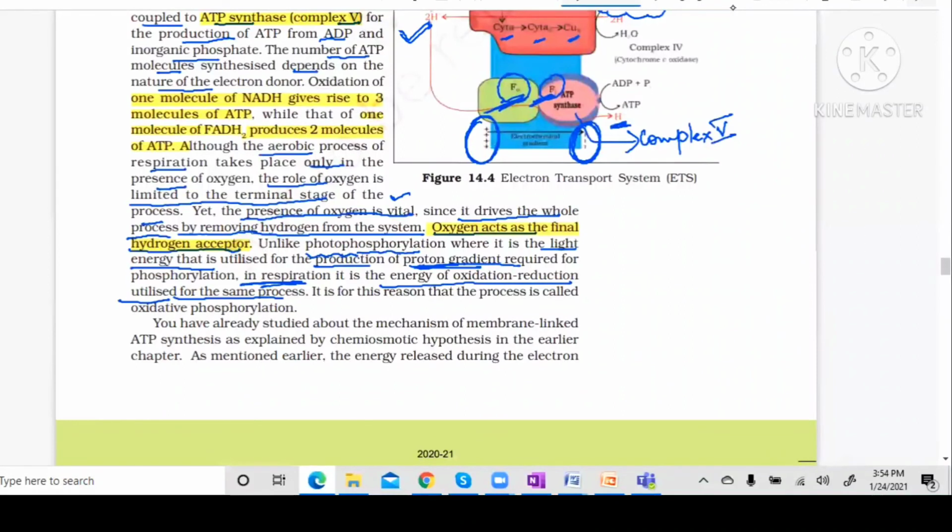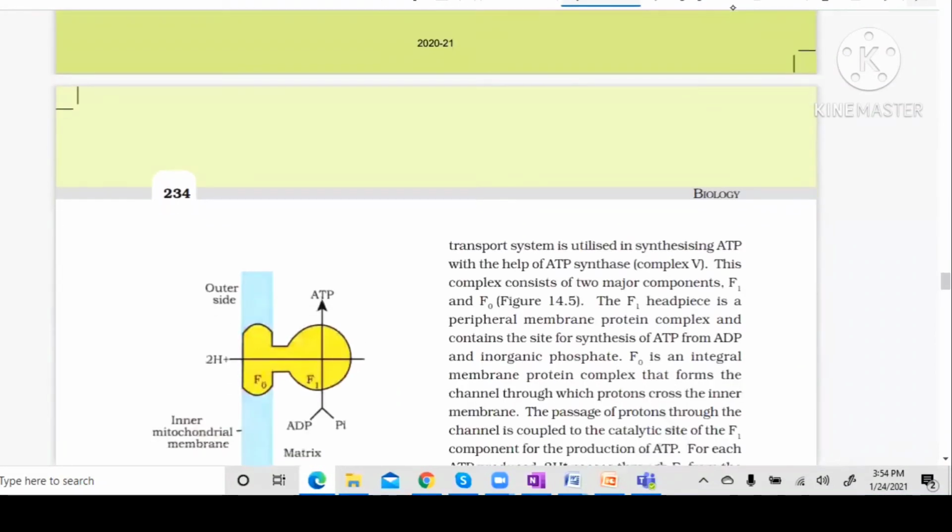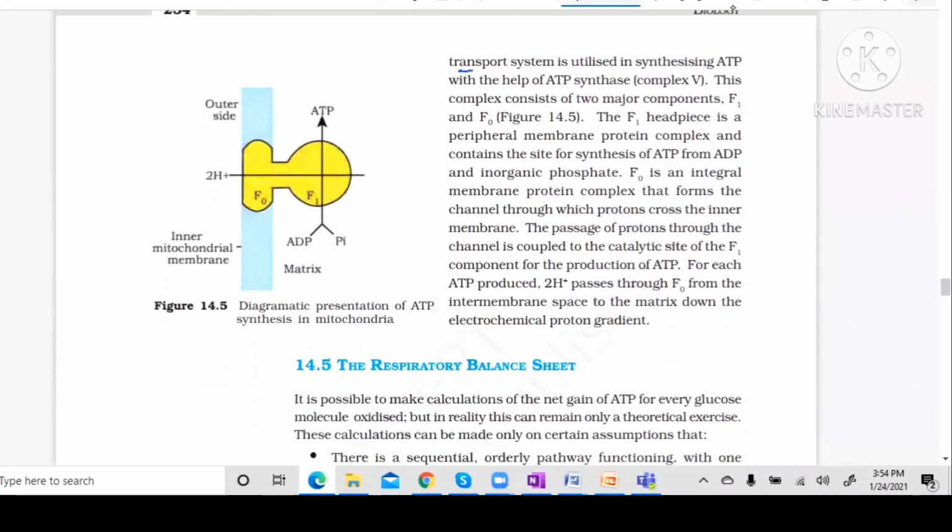That is why this process is known as oxidative phosphorylation, because we are using oxidation-reduction energy to create the proton gradient. Now see one thing, the chemiosmotic hypothesis. Energy released during the electron transport system is used in synthesizing ATP with the help of ATP synthase, that is complex 5.